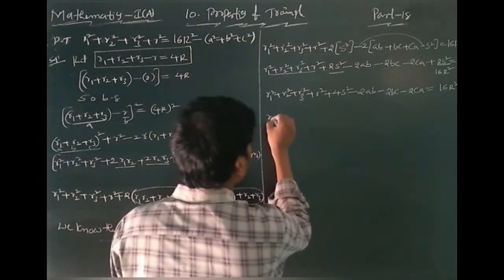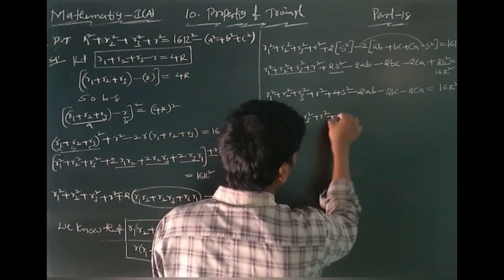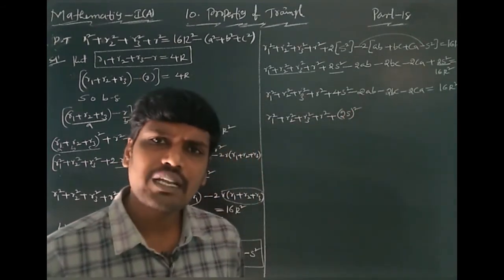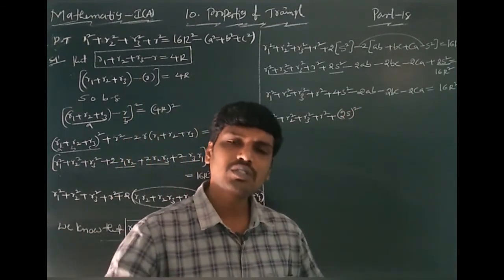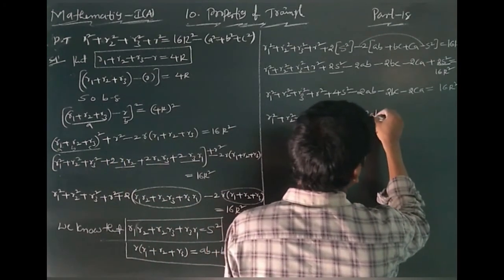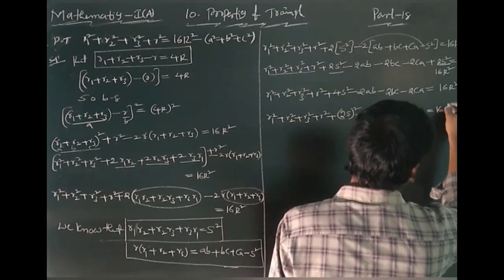Here 4s square is nothing but (2s) whole square. Correct or not, students?